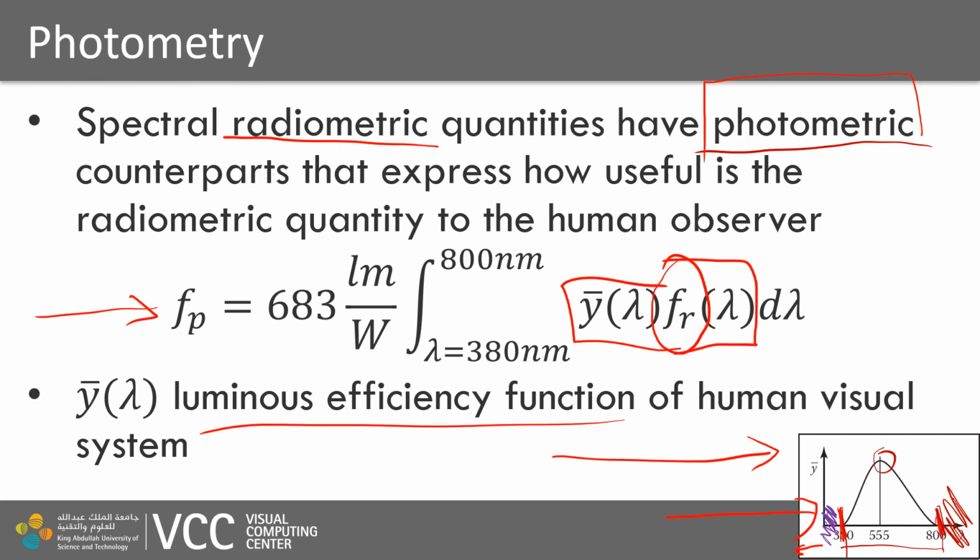We can see that we are integrating over various wavelengths so that we can apply to any radiometric quantity for a particular wavelength this scaling factor coming from the luminous efficiency function. Once we obtain the sum, which characterizes the overall photometric quantity, we scale it further with this scaling factor, because photometry and radiometry developed independently, and the two measures need to be put into a certain consistency. Therefore, there is this scaling factor.